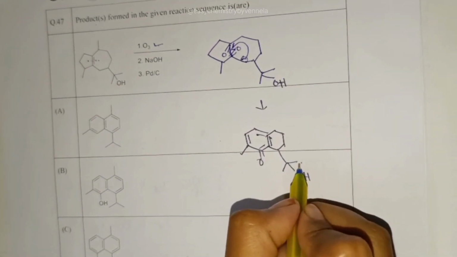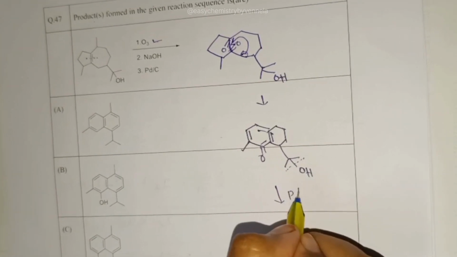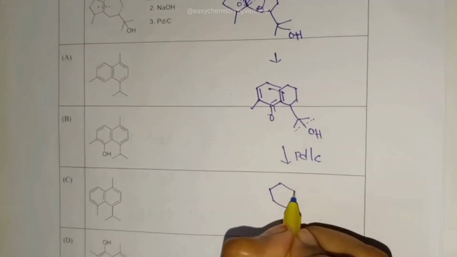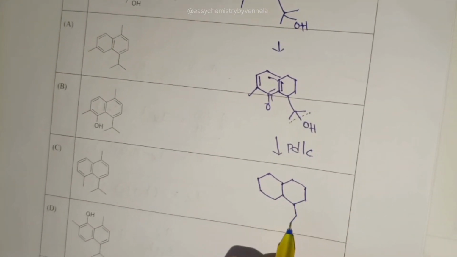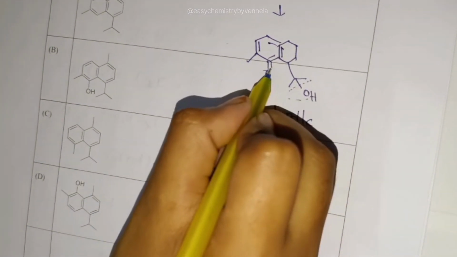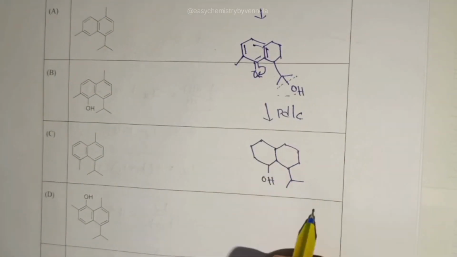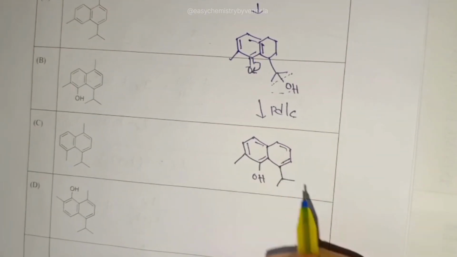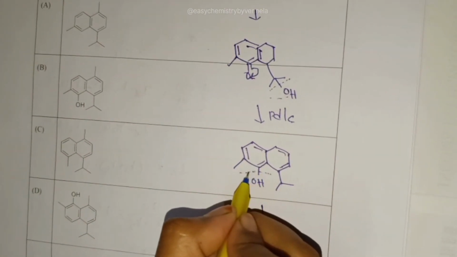After this OH groups break here, reaction with Pd/C, it can form like this. This bond migrates here. So it forms OH. So next it also break.